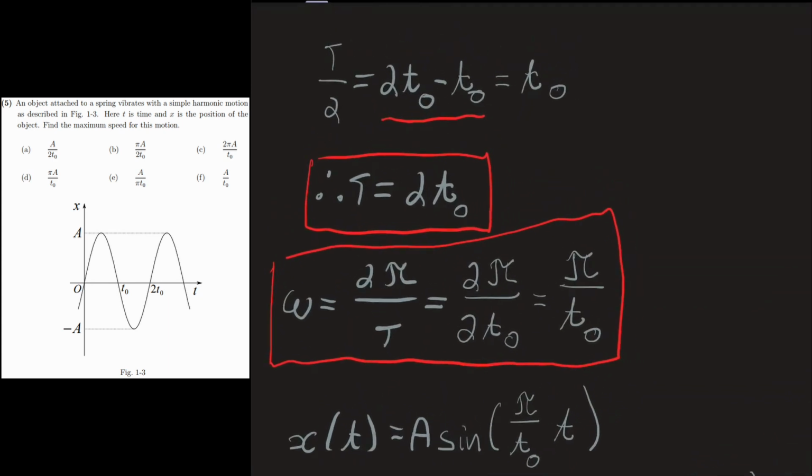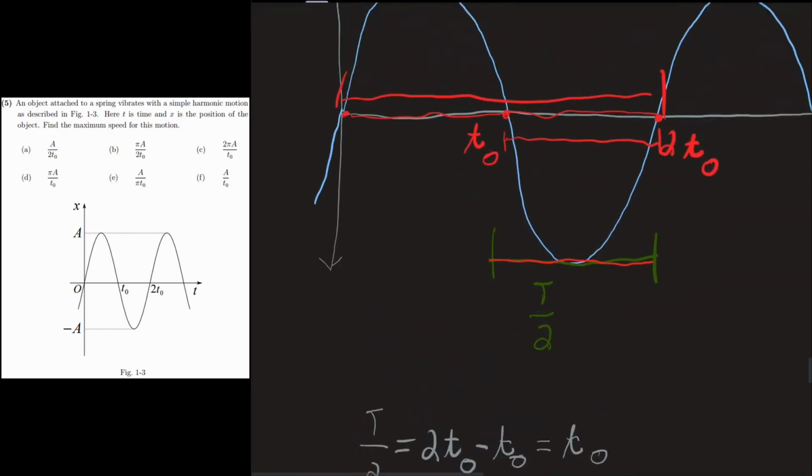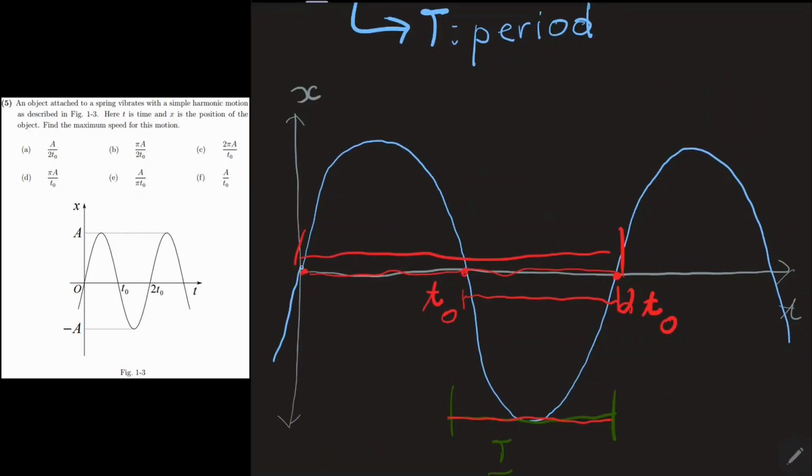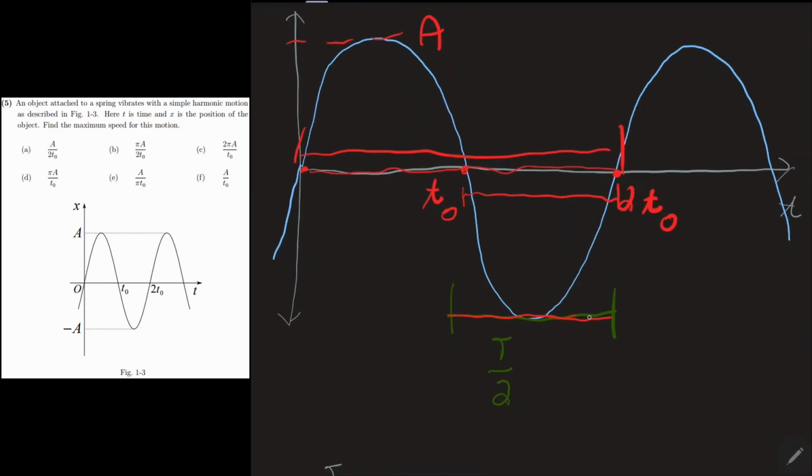Now, hopefully you can tell in the figure that they gave us, the position of the object matches a sine graph. It starts from 0 at t equals 0, and it goes upwards all the way until it reaches the amplitude A. I didn't actually label it here, but this right here is the amplitude A. And then it goes all the way down to negative A. And so that matches the exact way that a sine graph works.